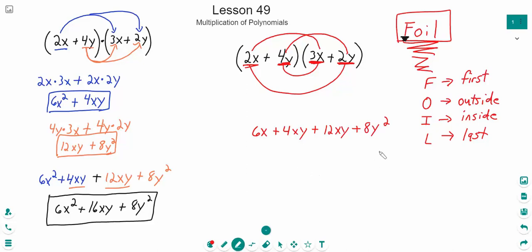Okay? Now all that's left is to look at this expression that we have here and combine like terms. So we have 6x plus 16xy, adding these two middle terms, plus 8y squared. And, oh, I'm sorry, we did something wrong. Yes, our first term, 2x.